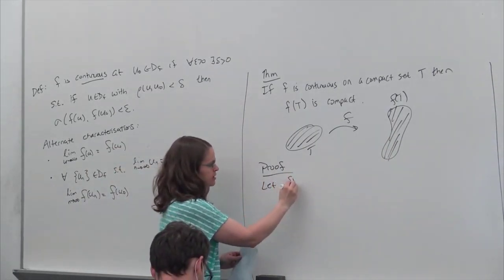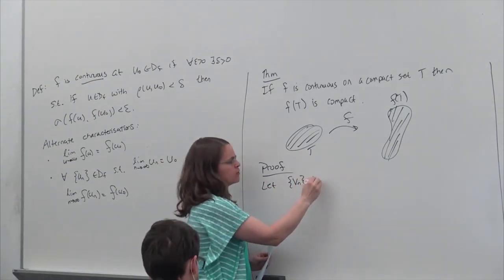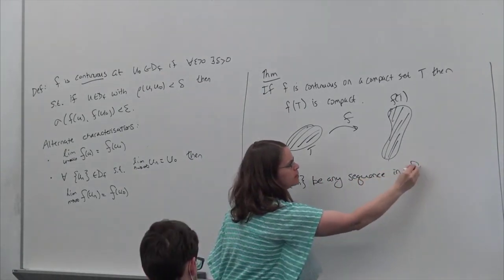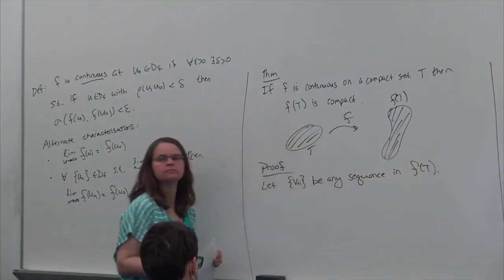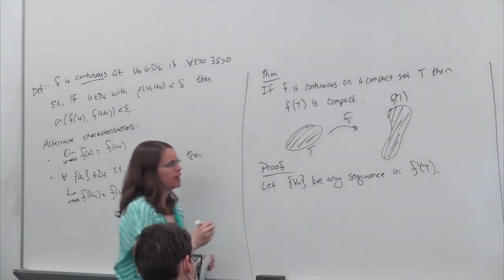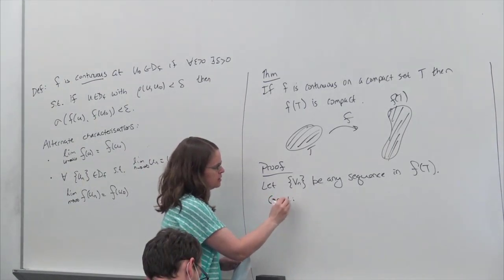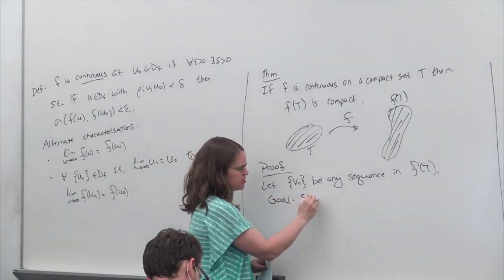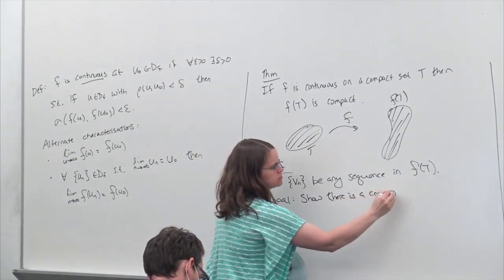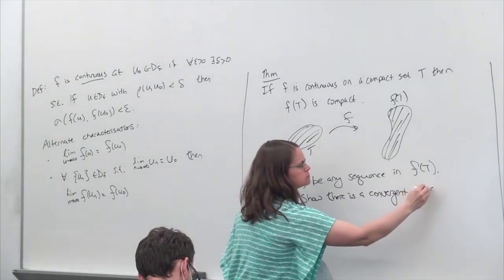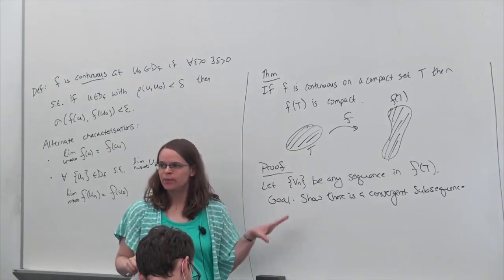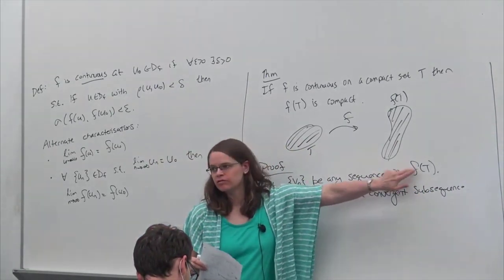Okay, so let's let V_n be any sequence in my image set. And our goal is going to be to show that there is a convergent subsequence. Of course, by convergent I mean there's a limit and the limit stays in this image set.